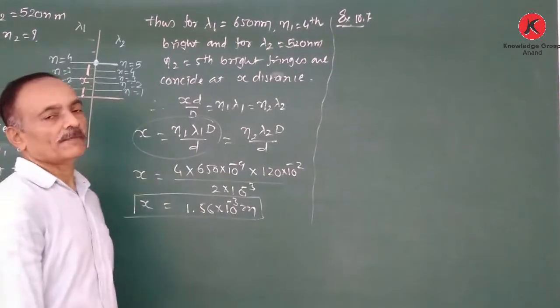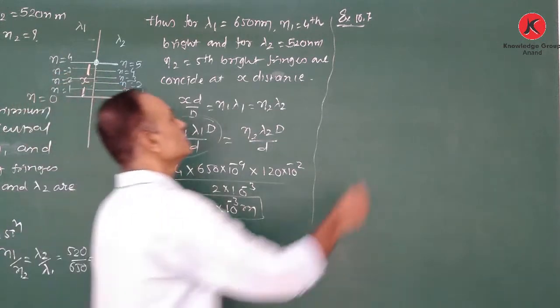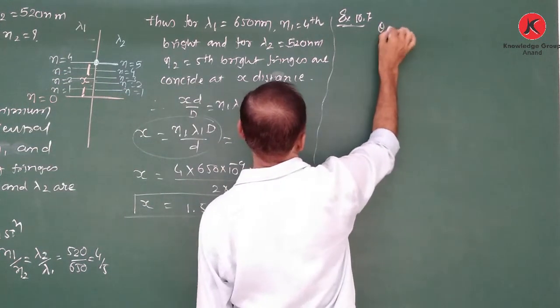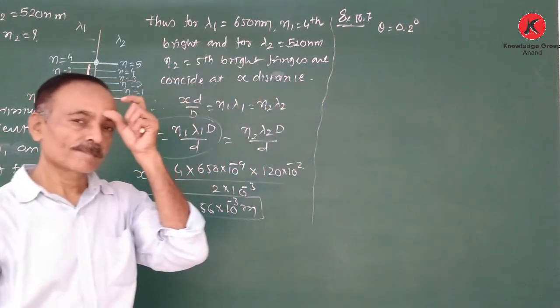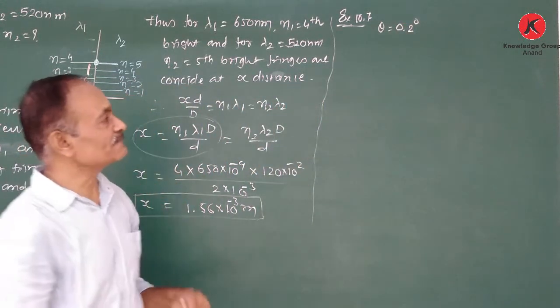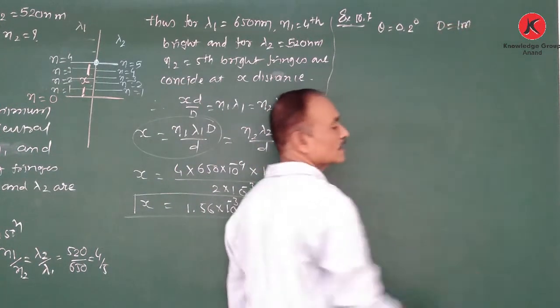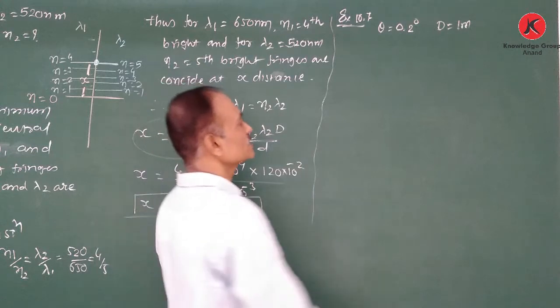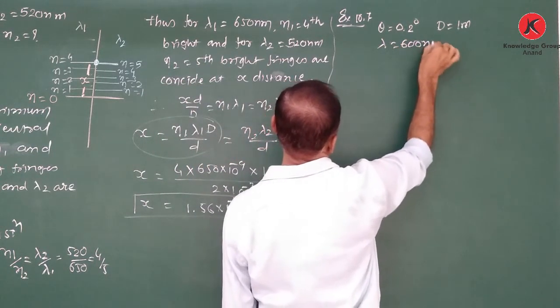Now, the angular width of a bright fringe obtained in a medium is theta is equal to 0.2 degree, where the screen is placed at 1 meter distance from the slit, and the wavelength of light used is 600 nanometer.